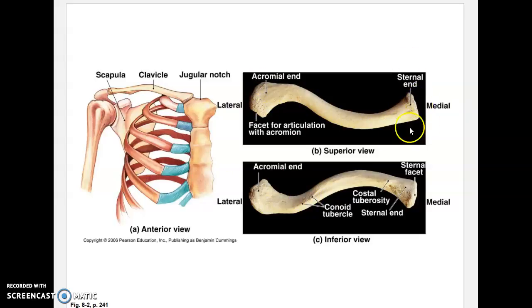That's a little more difficult to do looking at a two-dimensional image than an actual three-dimensional bone, but I would expect you to be able to pick up a clavicle and tell me if it's right or left by knowing which end is the acromial end and which is the sternal end. The inferior end is always going to have the glenoid tubercle, and the curve is always going to point outward, to the anterior surface.